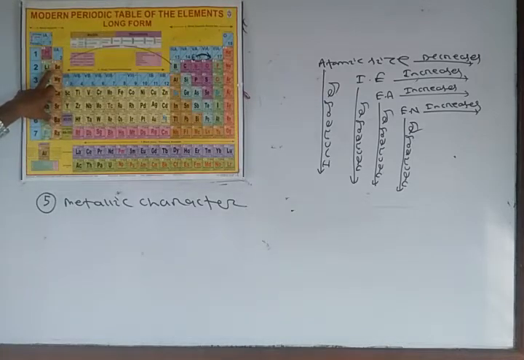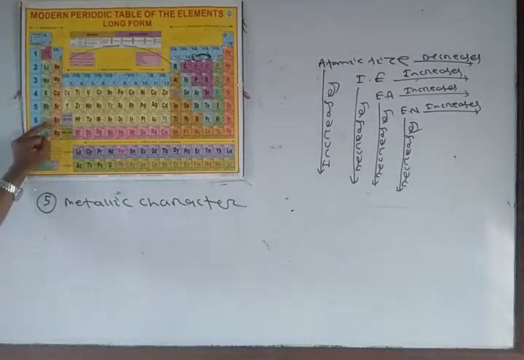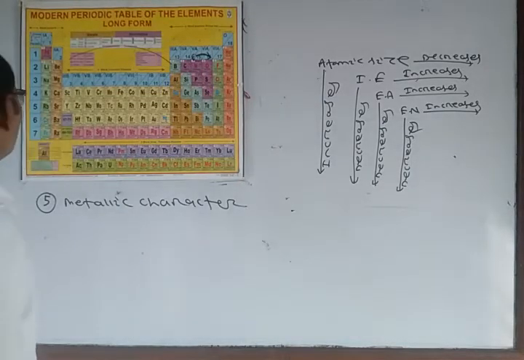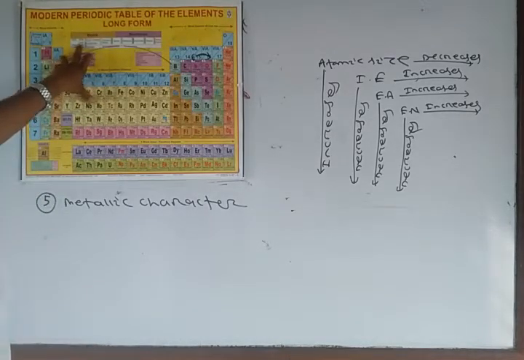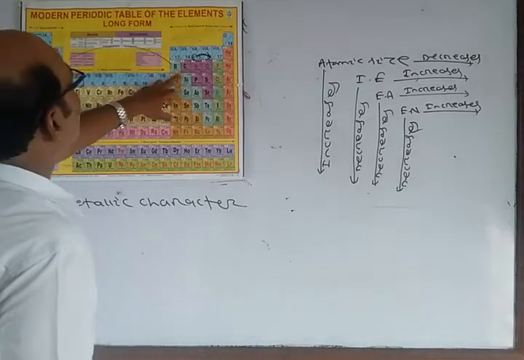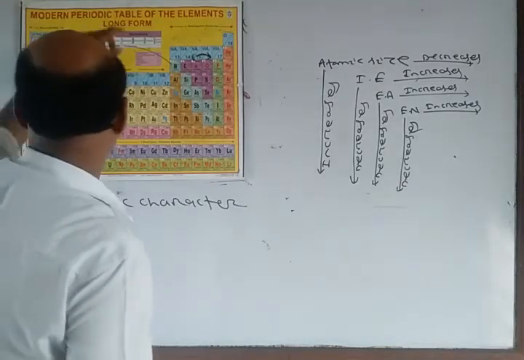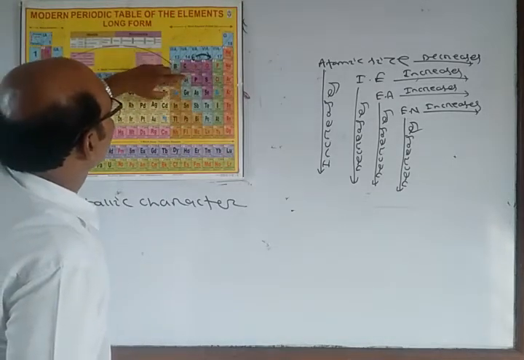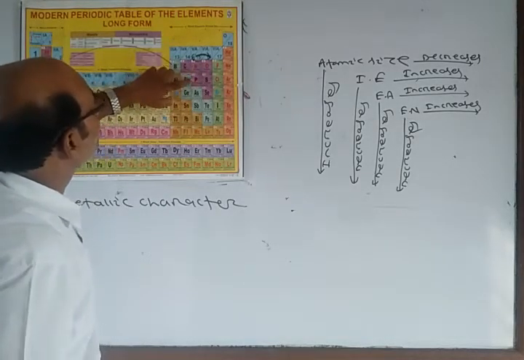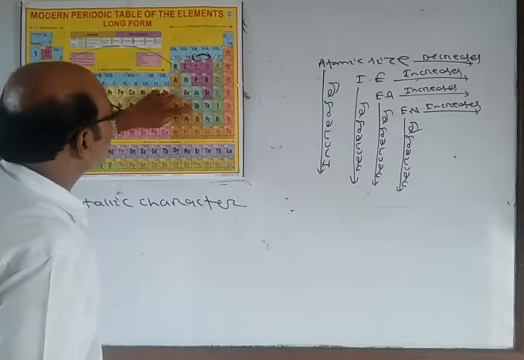Lithium is 520, sodium 495, potassium 418, rubidium 403, cesium 375. Now compare nitrogen, phosphorus, arsenic, antimony, bismuth.